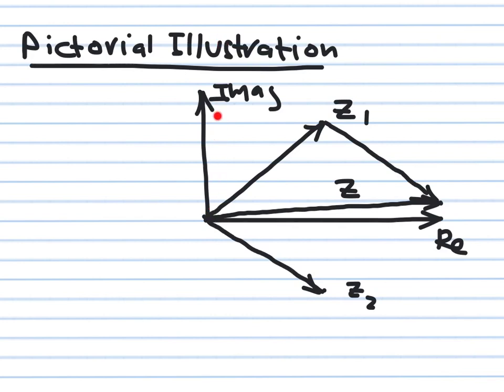So Z1 minus Z2 is equal to adding Z1 to minus Z2. So first you have to draw minus Z2 from here. It will go this way, in the opposite direction to Z2, and this will be the summation of Z1 plus minus Z2.